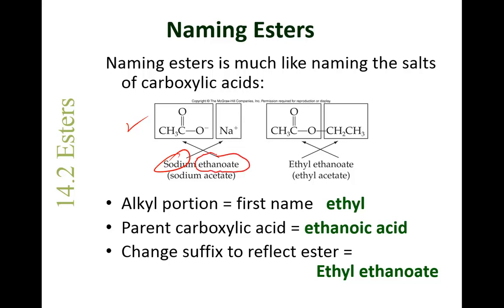So sodium ethanoate. Again, here's the problem with this. Yes, sodium ethanoate, I'd love everybody to call it that. Again, IUPAC name, and I think you can see by now, IUPAC has a very systematic way of naming, and once you get it down, it's easier to transition from one functional group to the other.